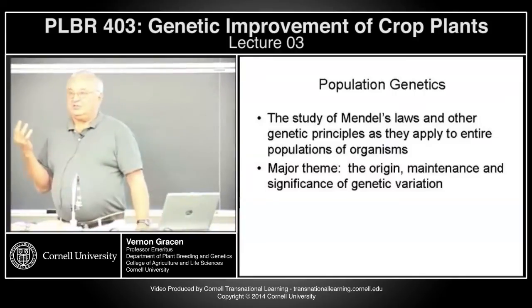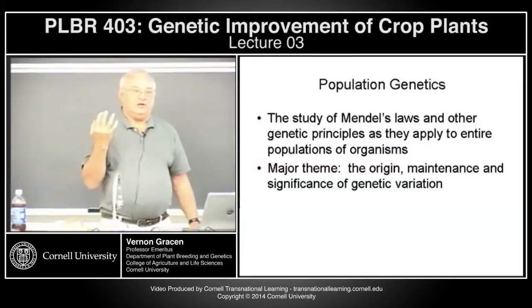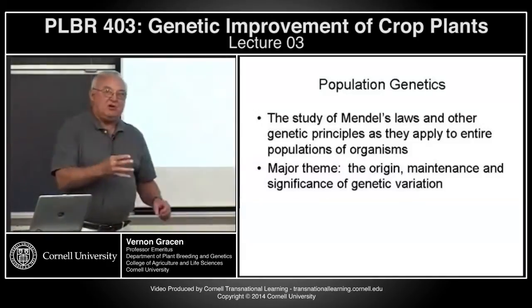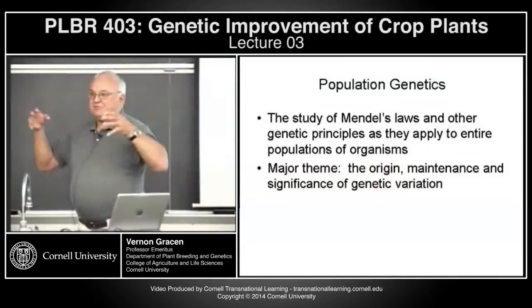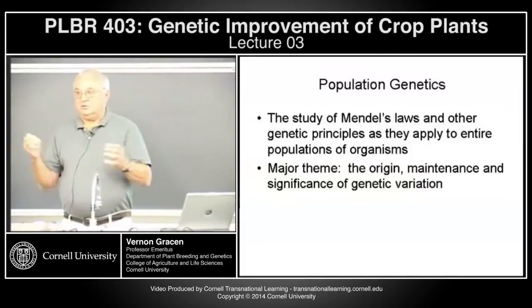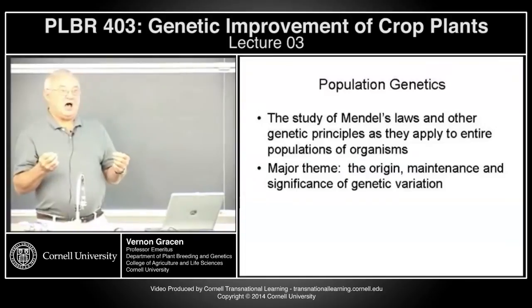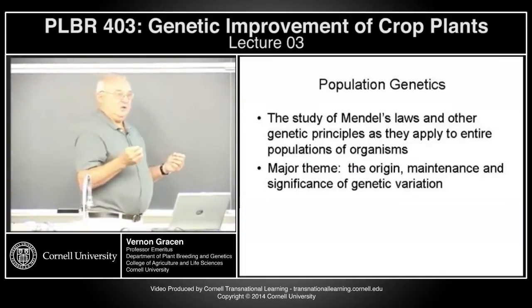Quantitative inheritance sort of complicates our genetics a lot. If we're a very bright and astute farmer selecting for traits, we can do a pretty good job on simply inherited traits.